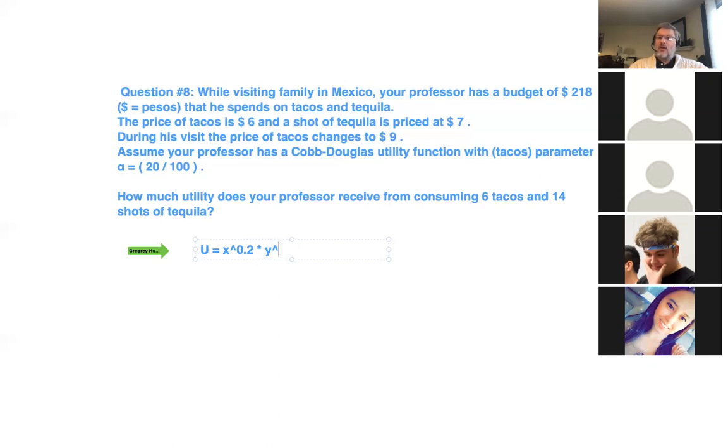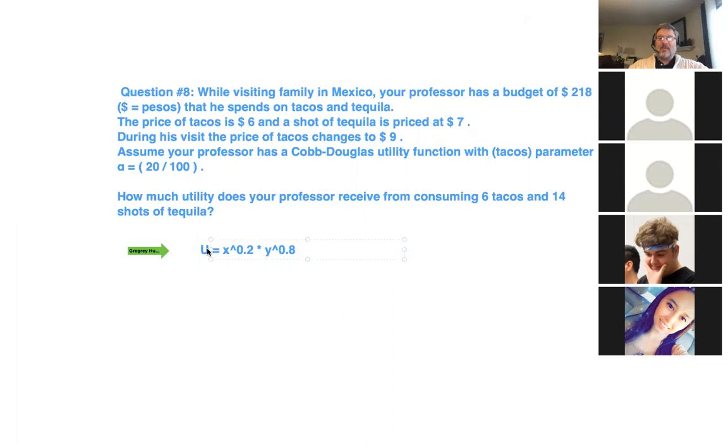Or no, no, because it only gave us the parameter for tacos, right? So it'd be 0.8. Yeah, 0.8, because remember that these two exponents have to sum to 1. So if we know one, we know the other one, right? Yeah.